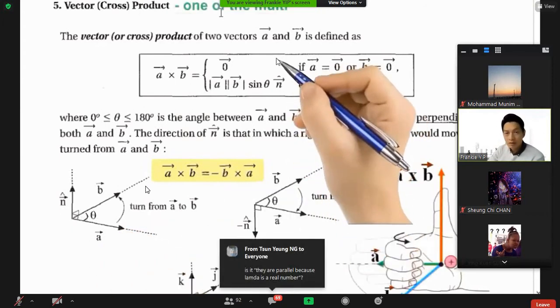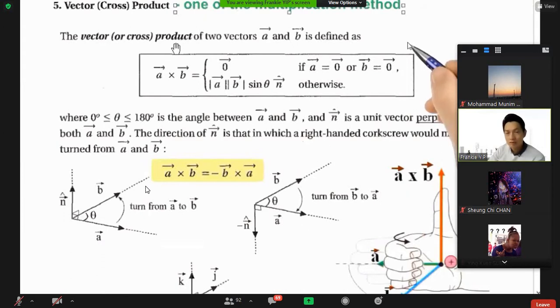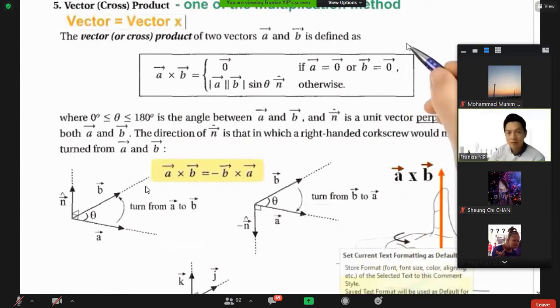So I call it cross product. It is one of the multiplication methods, another version of multiplication apart from dot product.